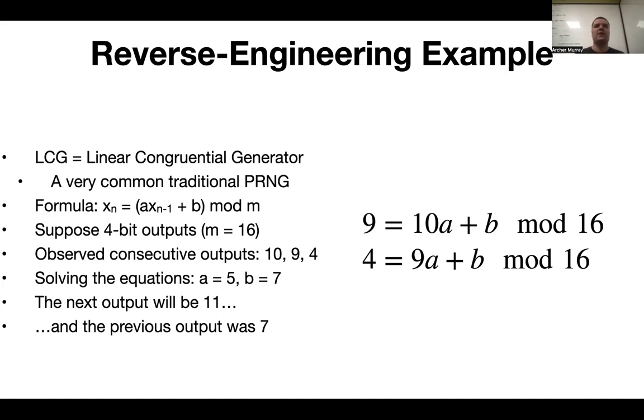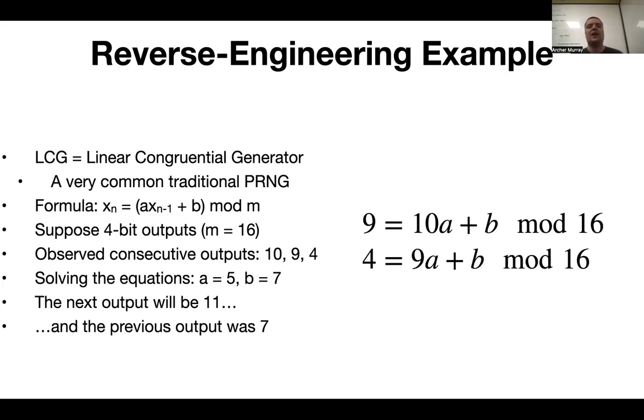Now, suppose that with our LCG, we observe that it outputs 10, then 9, then 4. We can plug those into the equations you see on the right, and then just subtracting the second equation from the first, you get 5 equals A mod 16, or in other words, A equals 5.